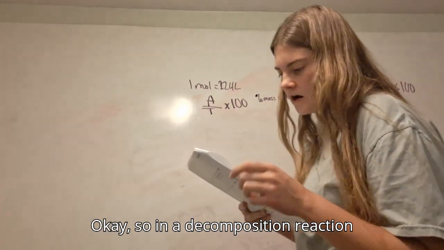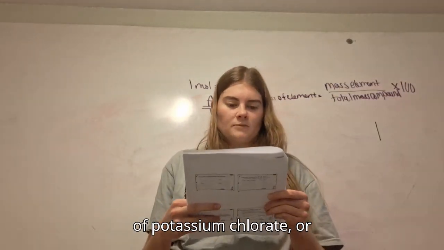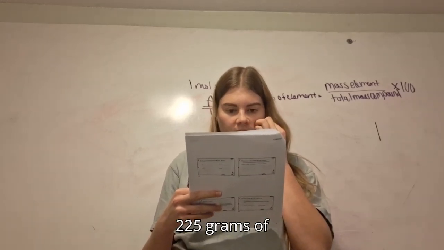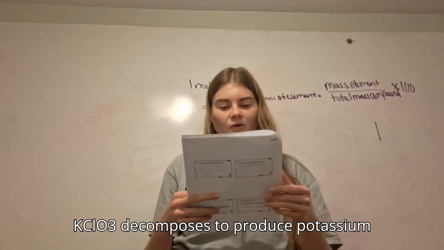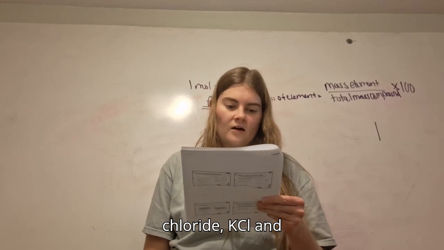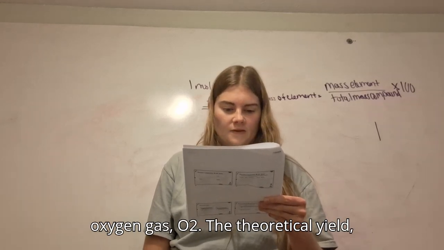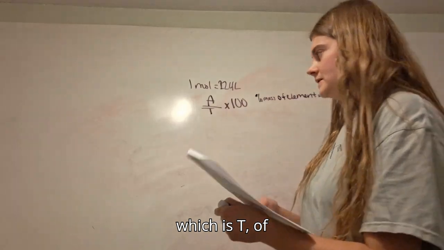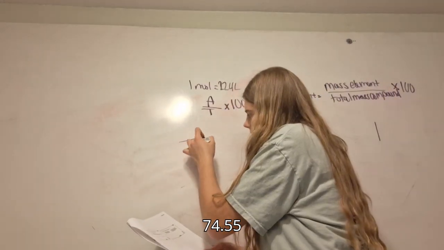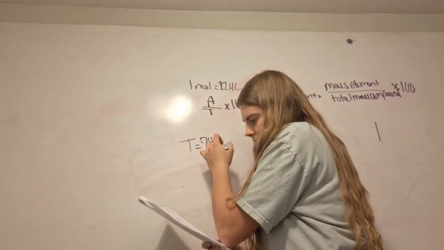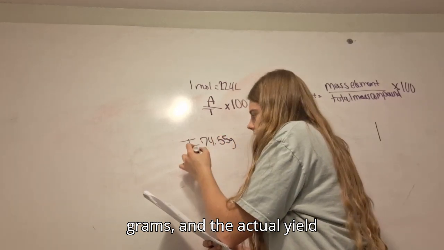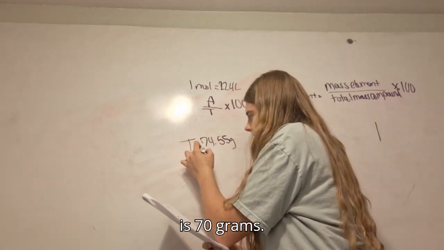Okay, so in a decomposition reaction of potassium chlorate, KClO3, 225 grams of KClO3 decomposes to produce potassium chloride, KCl, and oxygen gas, O2. The theoretical yield, T, of potassium chloride is 74.55 grams, and the actual yield is 70 grams.